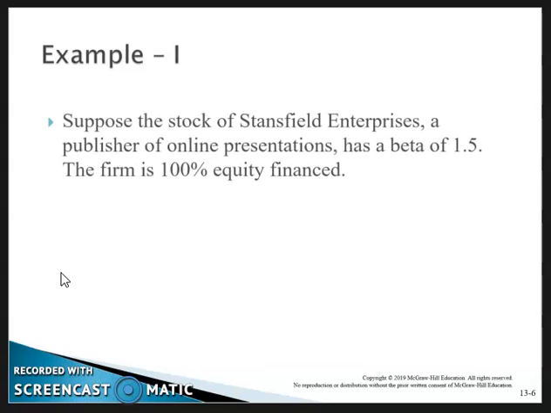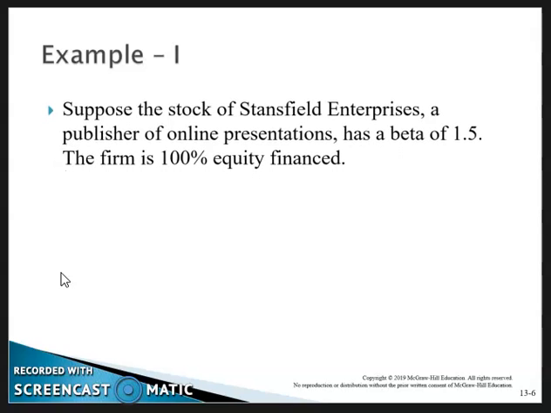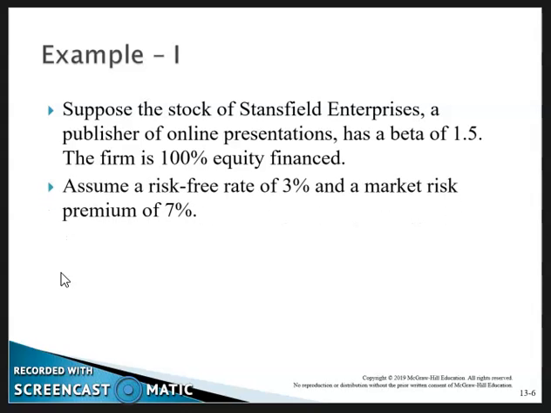Example here. We've got Stansfield Enterprises, a publisher of online presentations, which has a beta of 1.5, and the firm is 100% equity financed. So in that case, the cost of equity capital is going to be the cost of capital for the firm. We have a risk-free rate of 3% and a market risk premium of 7%.